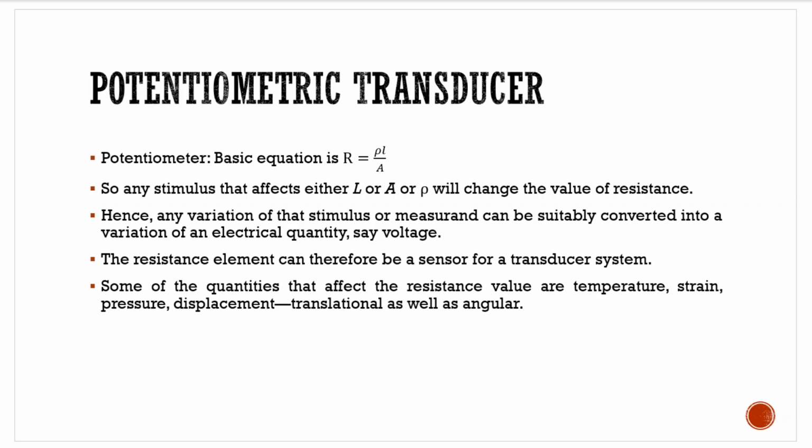So the first type of resistance transducer that we'll be studying is the potentiometer, or the potentiometric transducer. The basic principle used by a potentiometer is simple: R is equal to rho L by A. Rho is the resistivity, L the length, and A the cross-sectional area of the conductor. If you can change any of these quantities and measure the proportional change in resistance, we can say the actual value of the non-electrical quantity that caused the change in the length or the area of the system.